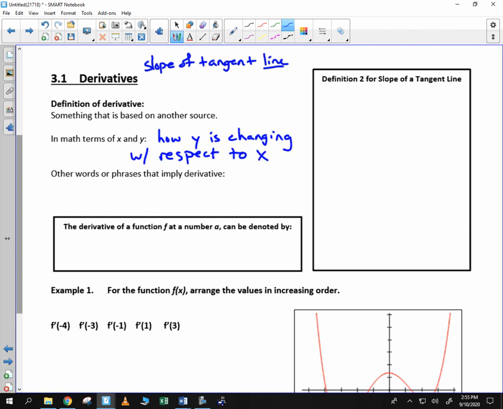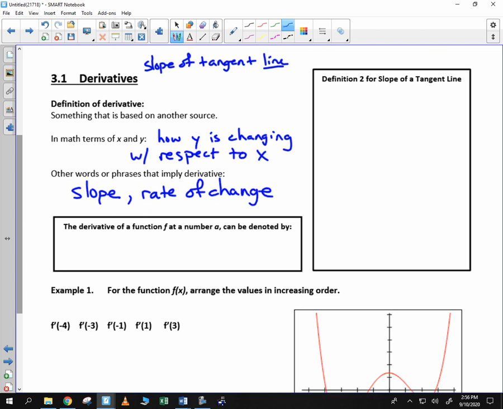And if you think about that idea of how y is changing with respect to x, that implies slope. So slope means derivative. Another thing is rate of change. That means derivative as well.